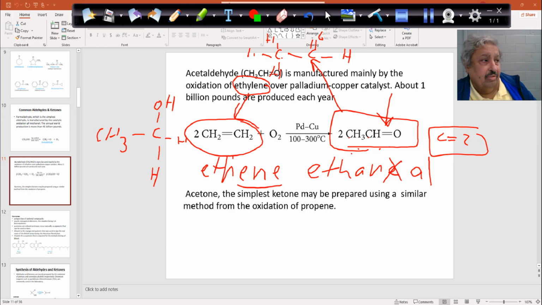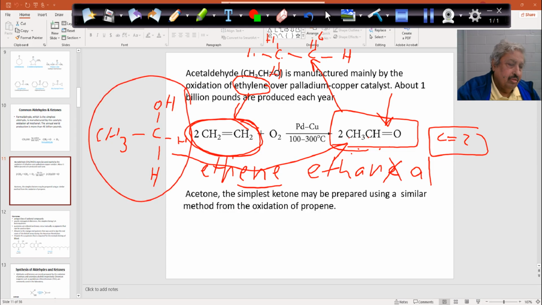Not a secondary alcohol; a secondary alcohol will make ketones. So I oxidize this one here and I can get acetaldehyde, that's the common name. So either I can take the double bond, ethene, or I can take the alcohol, ethanol.